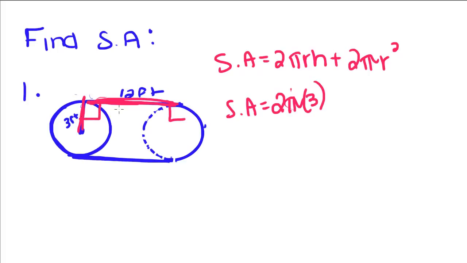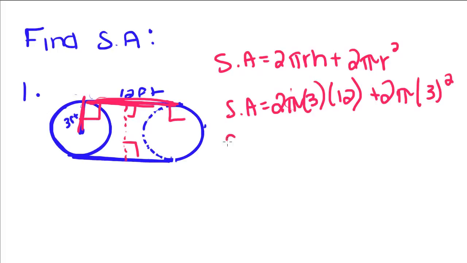So that's that height right here. If we were to take this height, it would be perpendicular to the rectangle that goes around the cylinder. But we need this height, which is perpendicular to both bases. So our height for this is 12 plus 2 pi r, which is 3, squared.